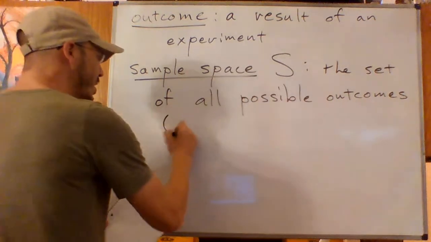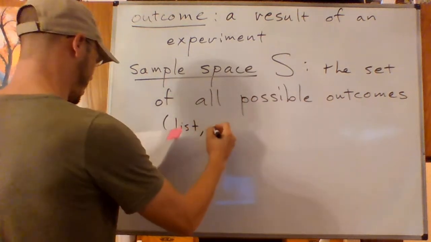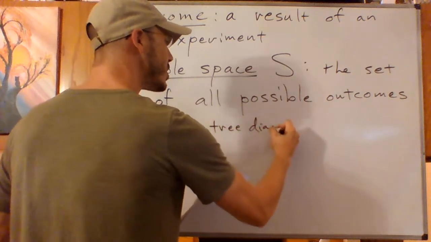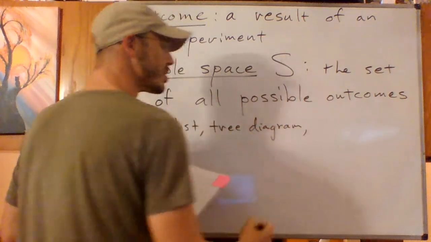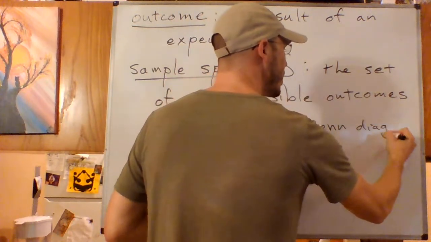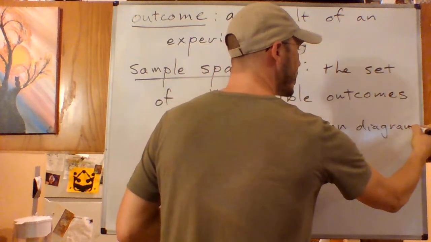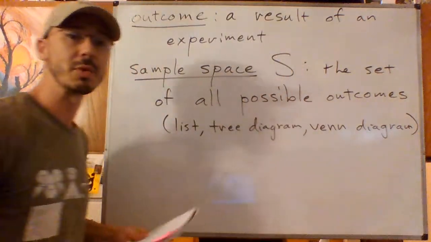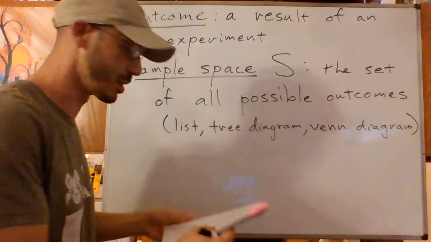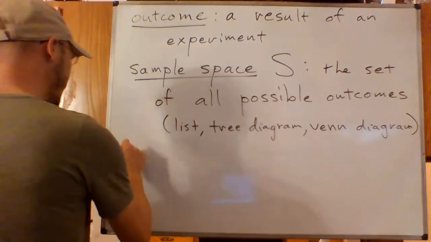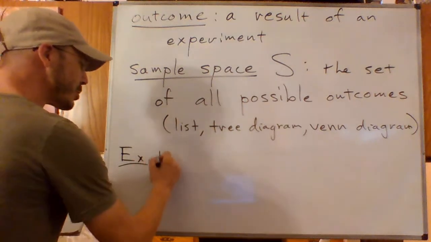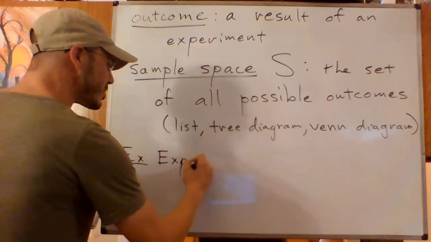So this can be a list, a tree diagram, and we'll see how to use that, a Venn diagram. Sometimes a verbal description, but we want to be able to change that into something more symbolic so it's easier to write.